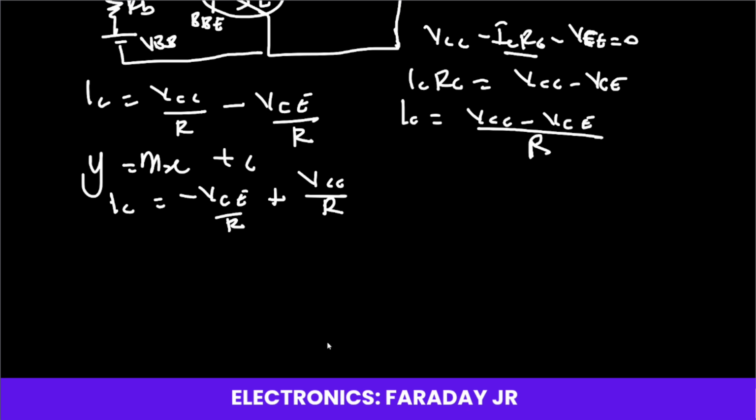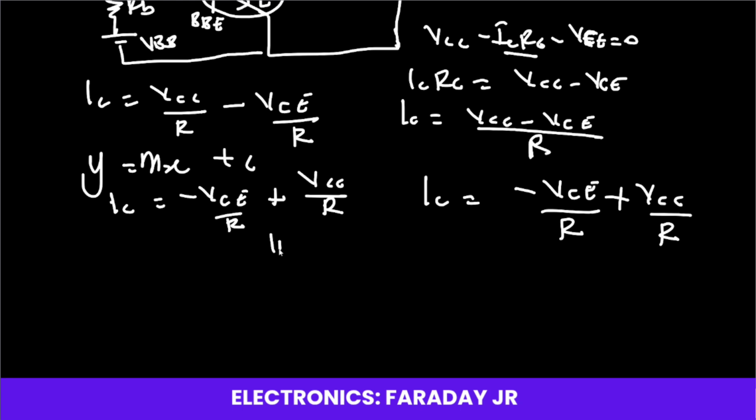This is what we have. IC is equal to minus VCE over RC, plus VCC divided by RC. Now, at the cutoff region, we know that the value of IB is equal to 0, and IC is also approximately equal to 0.